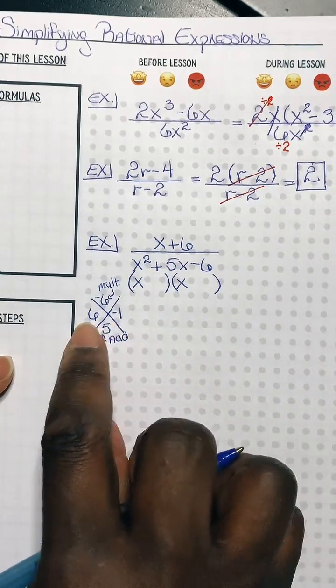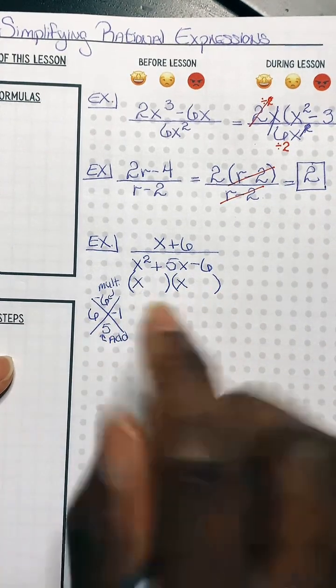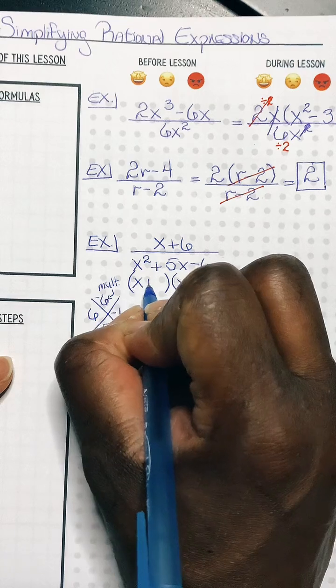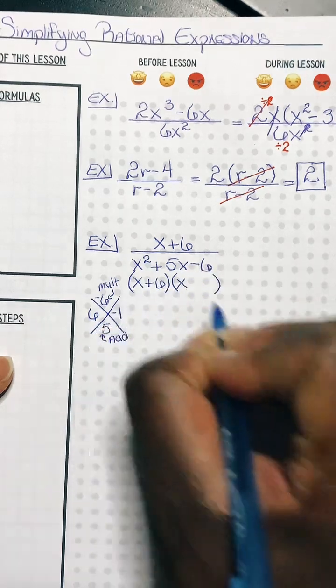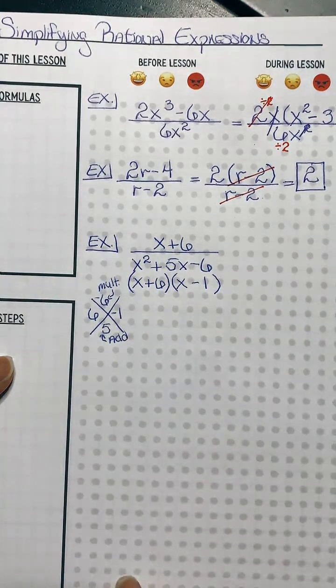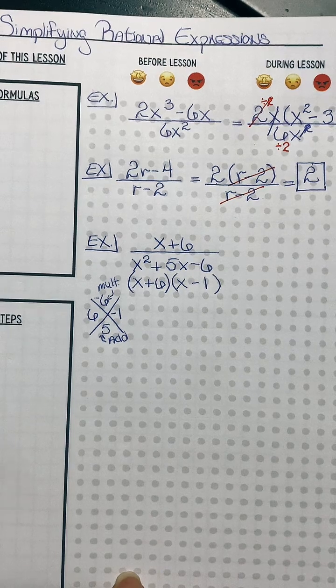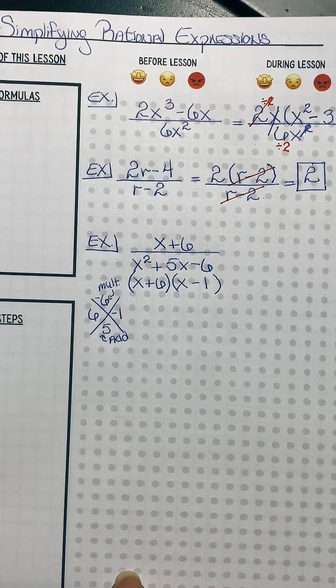So we're going to use those two numbers to fill in these two spots. Since it's a +6, I'm going to put +6. And since it's a -1, I'm going to do -1. Okay, so a lot of people said 6 and -1. Good job.